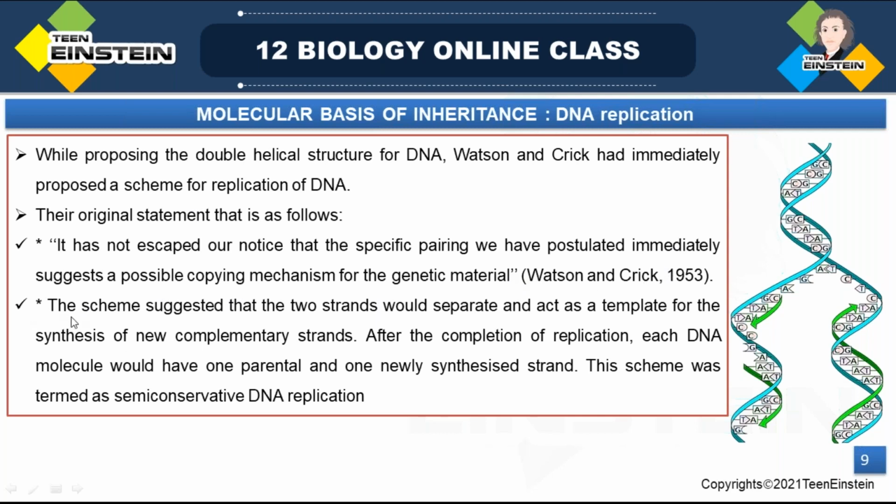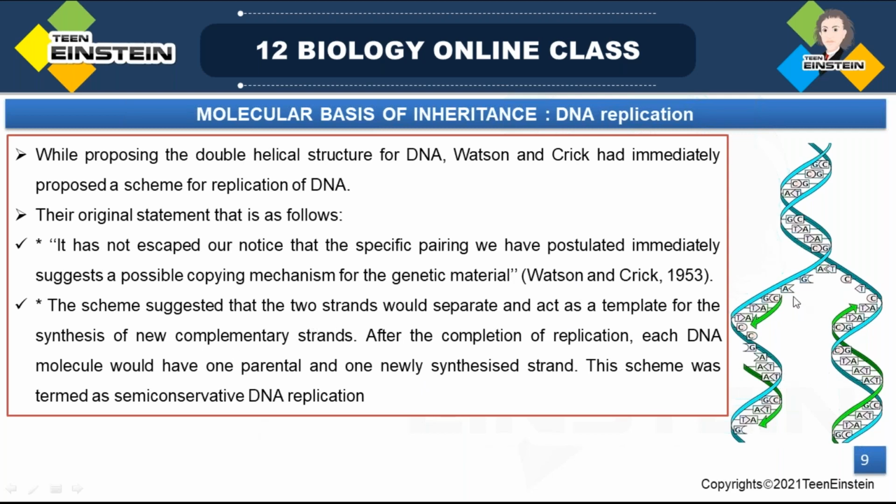And the second one is: "The scheme suggested that the two strands would separate and act as a template for the synthesis of a new complementary strand." Here you can see the two strands of DNA, right? These two strands can get separated, and each strand can act as a template for the synthesis of a new complementary strand.